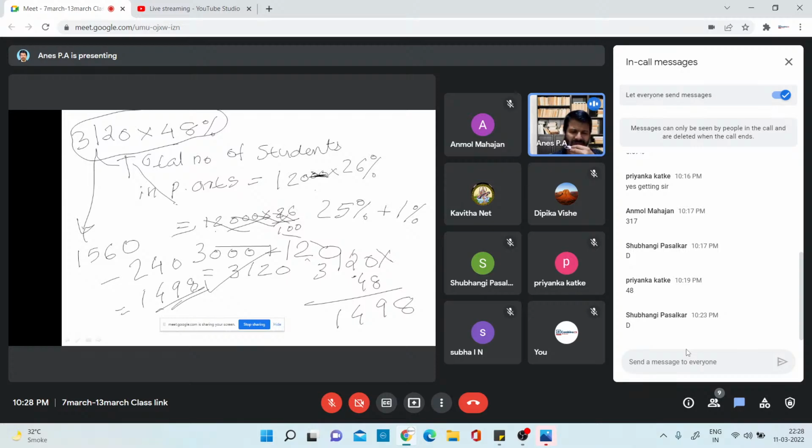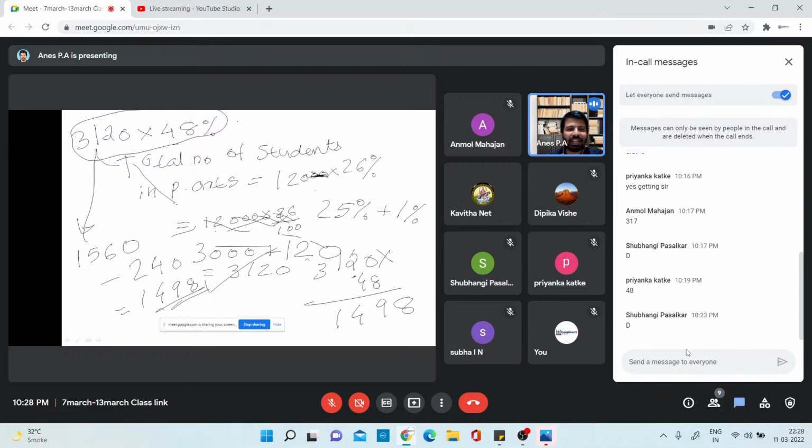Anybody have a doubt regarding this problem? Tell me. If you have doubt, just ask me. I will start from the beginning itself. Tell me. 1560 minus 240, how much, sir? Sorry, there is one issue.